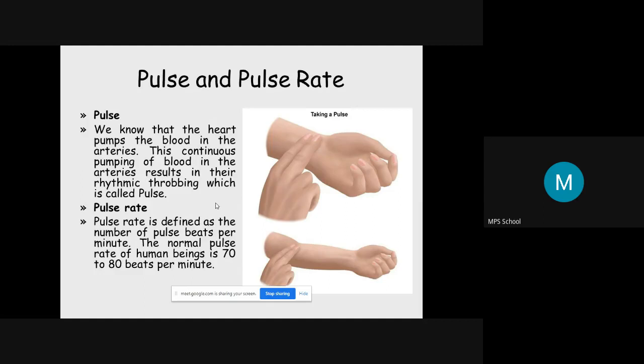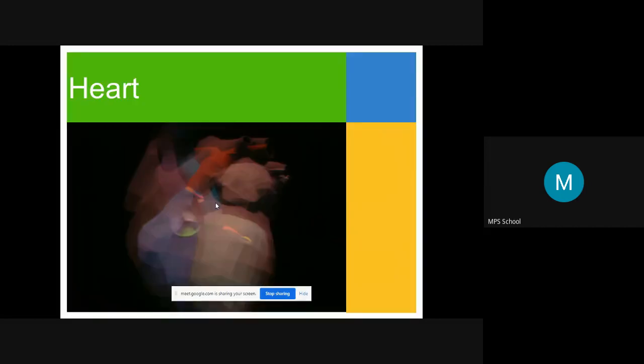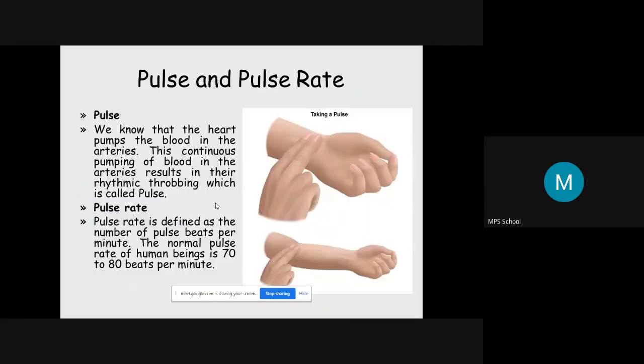Which means the heart will pump, both contraction and relaxation, 70 to 80 times per minute for the flow of oxygenated blood to the body and the flow back of deoxygenated blood from the other body parts to the heart. Till here, do you have any doubts?